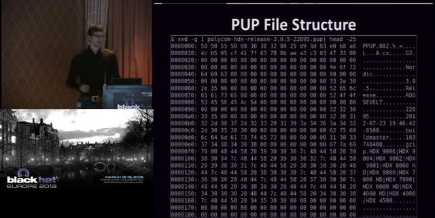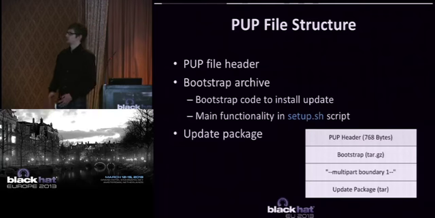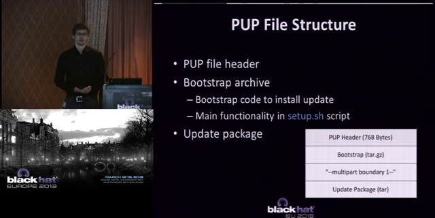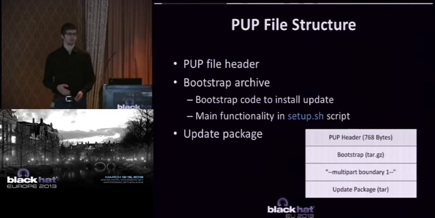So we started analyzing the complete file format, and it turns out it's pretty simple. It consists of a pub file header, which is the first 768 bytes, and then there are two packages or two archives. The first one is a bootstrap archive, which contains code which is used to install the update and extract the remaining part of the update.